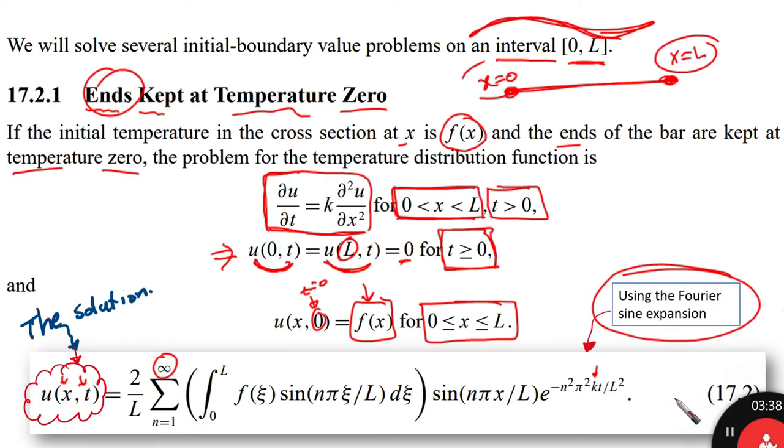This is what we call the solution of the heat equation for the case of this boundary condition.